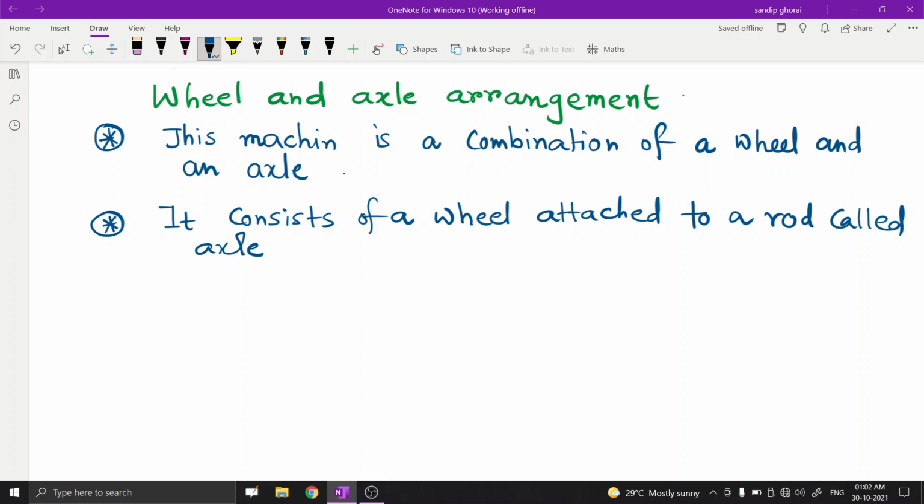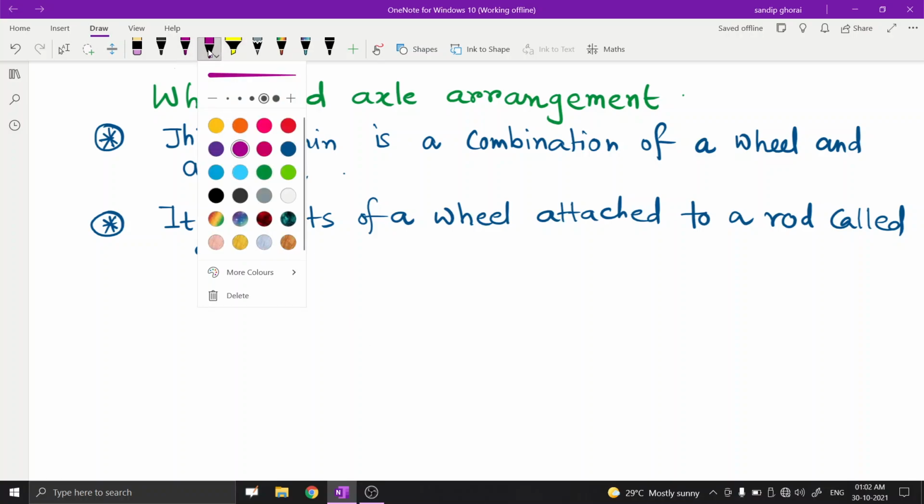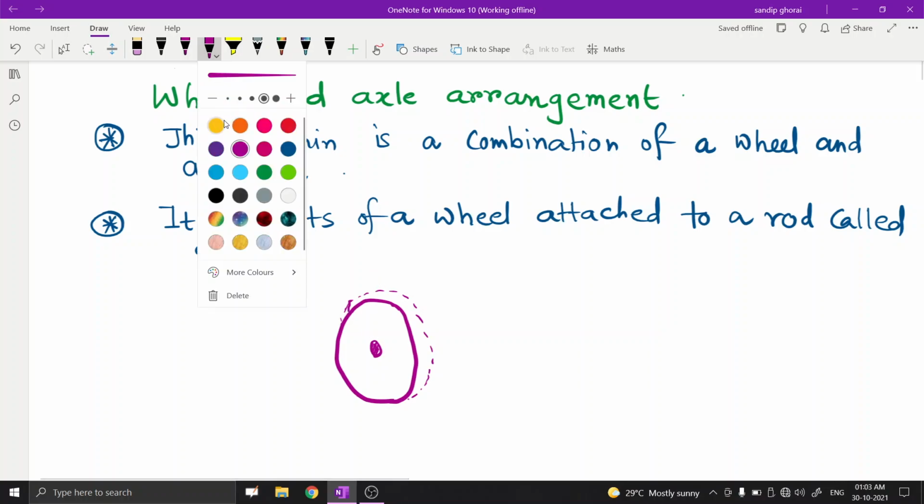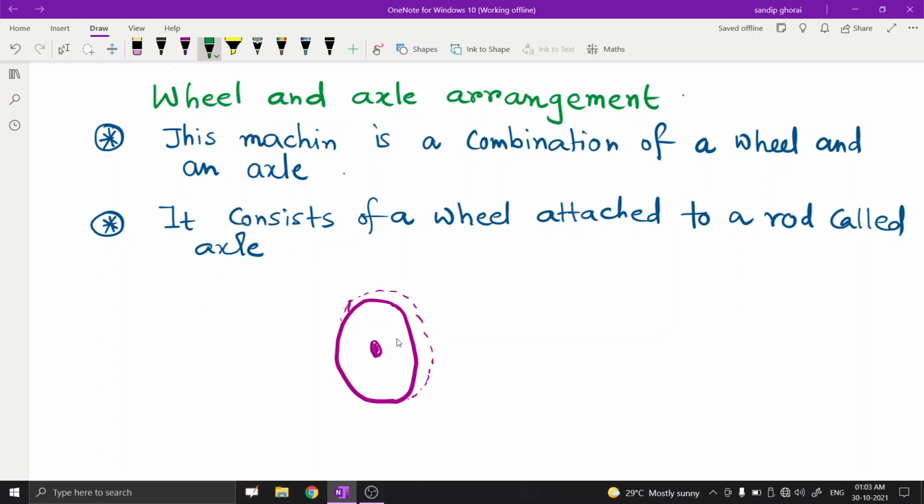If we draw a simple block diagram of a wheel and axle, we find this type of configuration. This part is the wheel part, and here is the center, and from this wheel we draw the axle part like this.